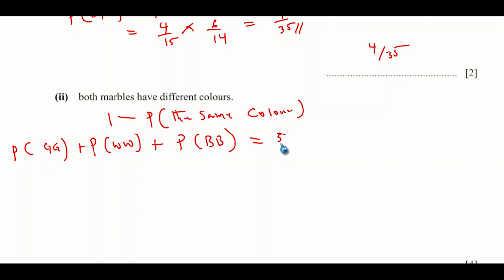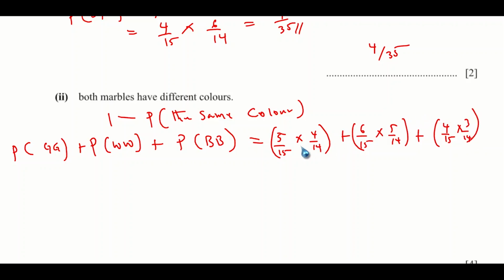So the probability of the same color will be 5 over 15 for the first green, then times the second selection, which will be 4 out of 14. Then plus, for the white, 6 out of 15 times 5 out of 14. And for the black, plus 4 out of 15 times 3 out of 14.